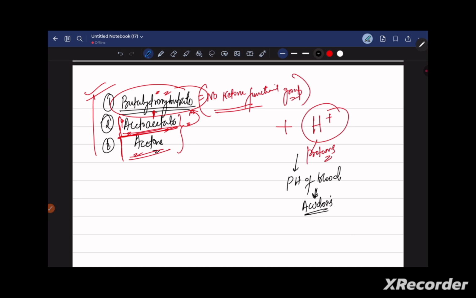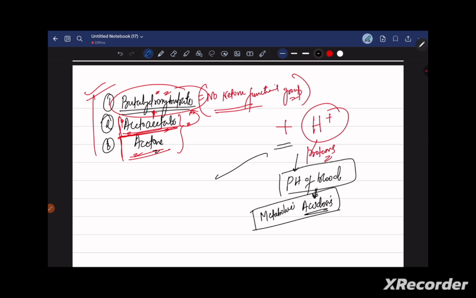What sort of acidosis? Metabolic acidosis. Remember, in diabetic ketoacidosis, it is metabolic acidosis. Why? Because there is increased production of protons during ketogenesis, and these protons decrease the pH of blood.